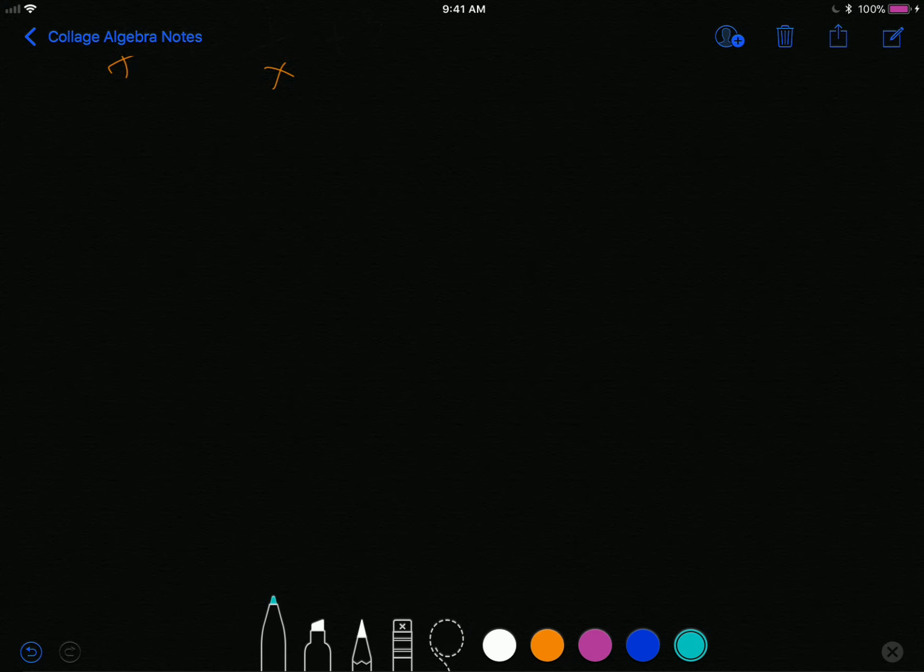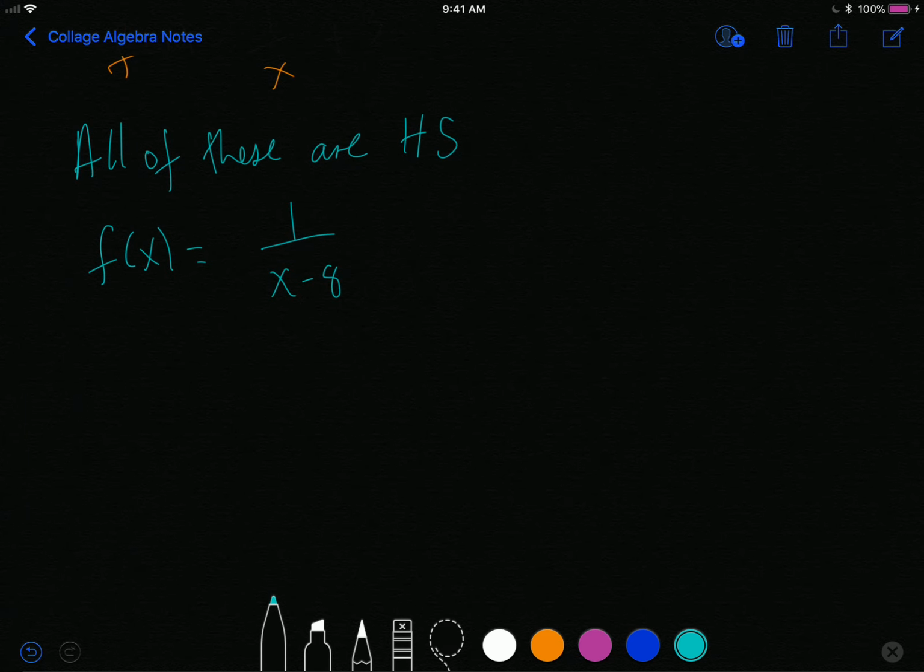All of these are horizontal shifts. So if I have f of x equals 1 over x minus 8, that's right 8. If I have f of x equals the cube root of x plus 2, it's left 2.